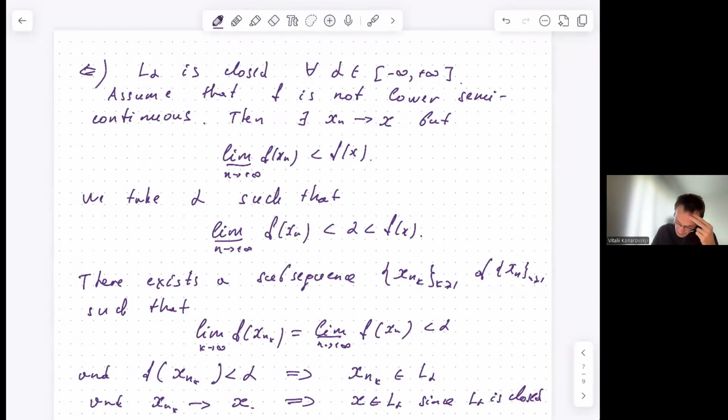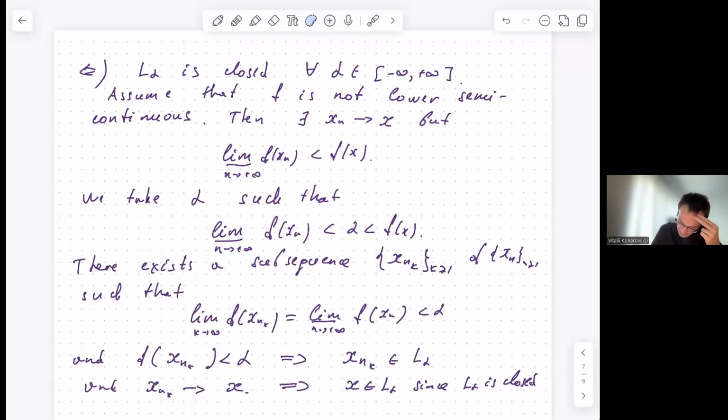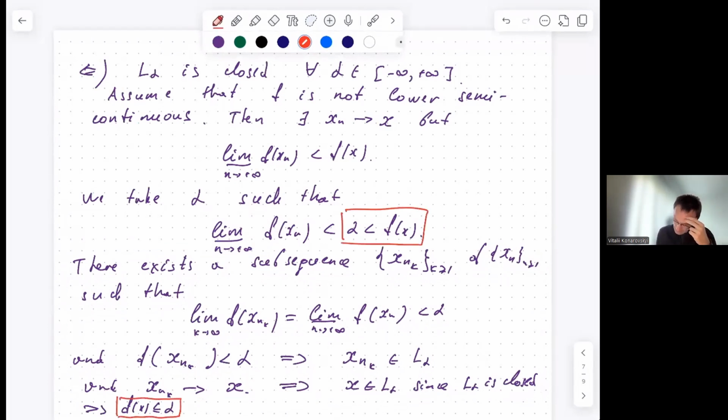That gives us the contradiction. Maybe somehow I can write that part, this one line here. So then this implies that f of x is less or equal than alpha, and then I want to mark that our conclusion with that part contradicts each other.